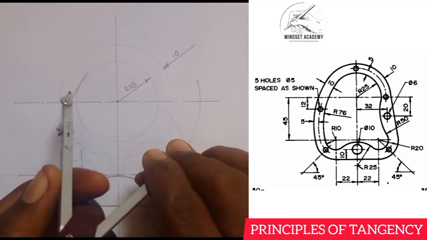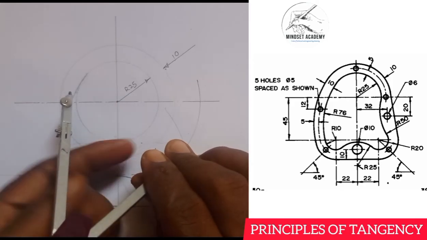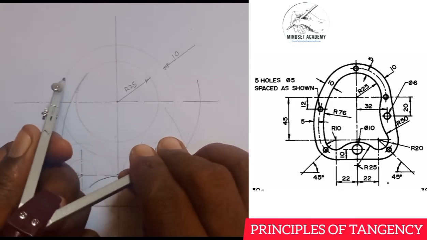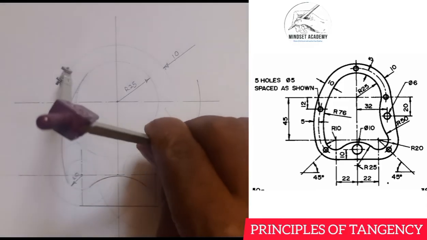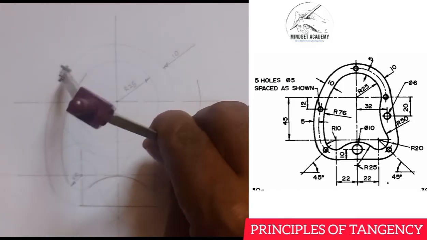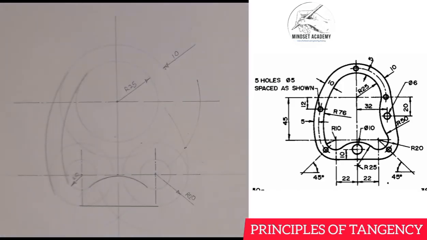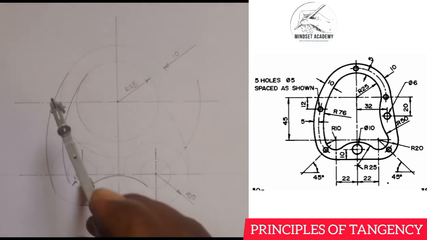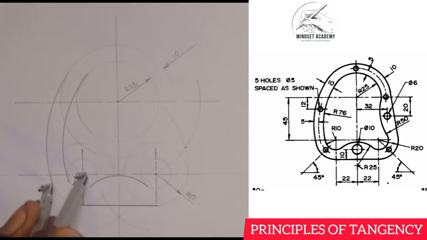And I'll do the same thing too. Since it is increasing by 10, they have the same center since it's concentric. So I'll just move it to the next one this way. Hope you can see that. Can you see that? So if I have done that, from this center here, I'll complete this way.